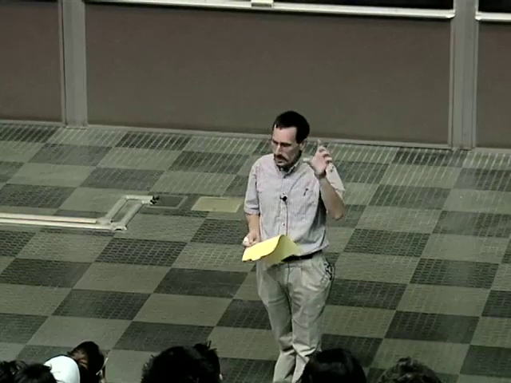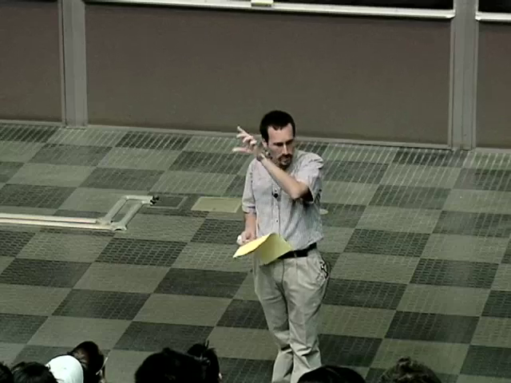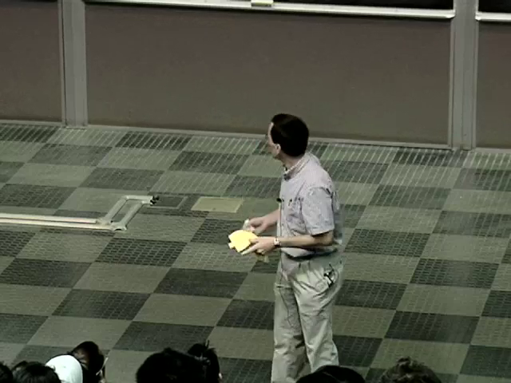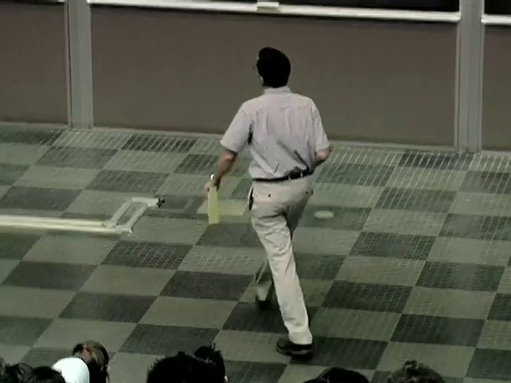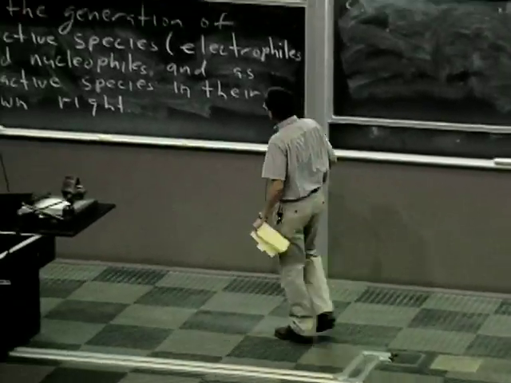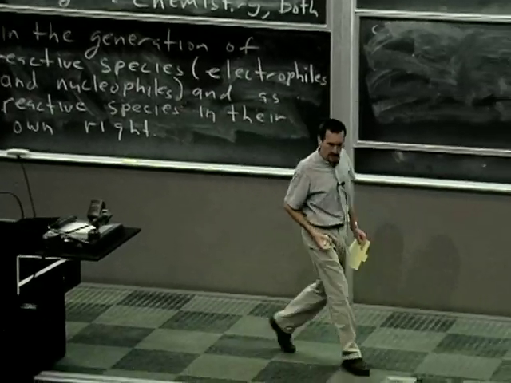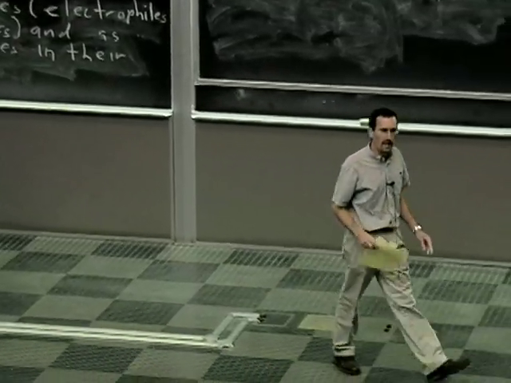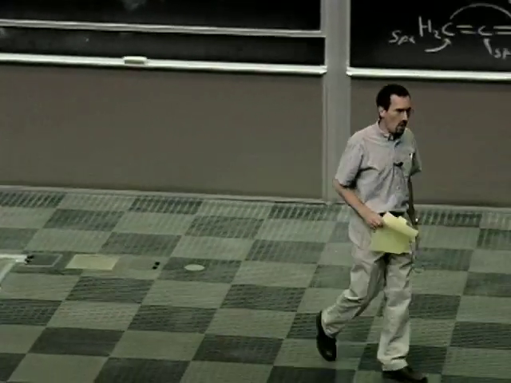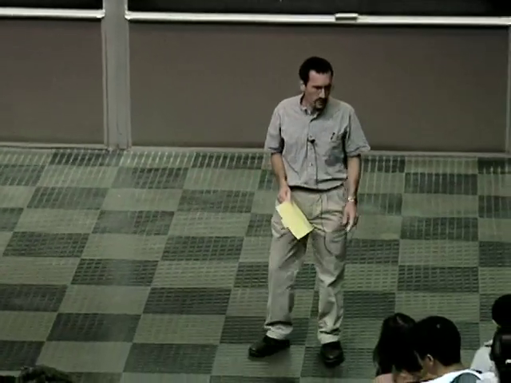Species that we think of as Lewis bases in general chemistry, species that react by sharing a pair of electrons, are what organic chemists call nucleophiles. And in many cases, we're going to simply see protons coming on, protons coming off in organic chemistry.